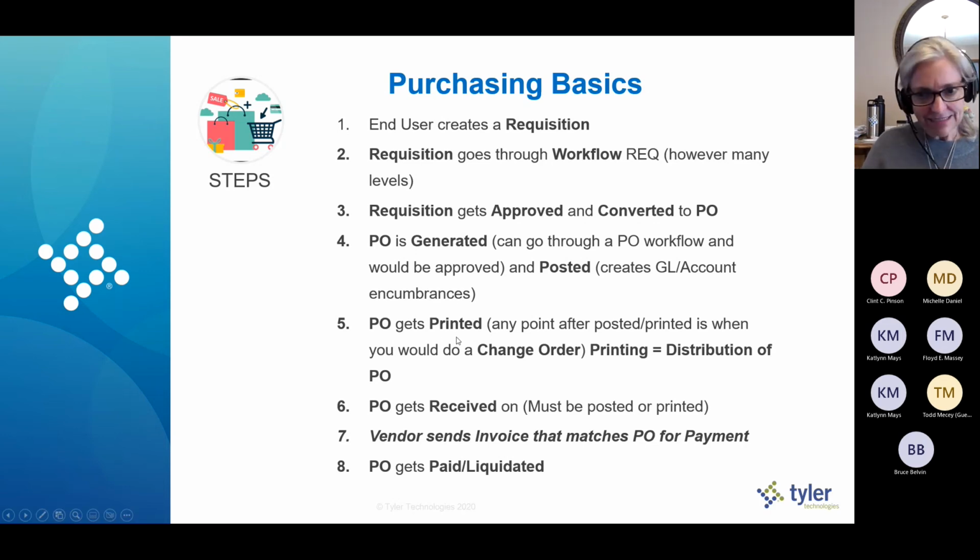Once it's printed, printed means to Munis that it went to a third party. Whether you emailed it to the vendor, whether you sent it by post or by mail to the vendor, it's going to register as printed in the system. Okay. Then it gets received, which means that you are receiving.